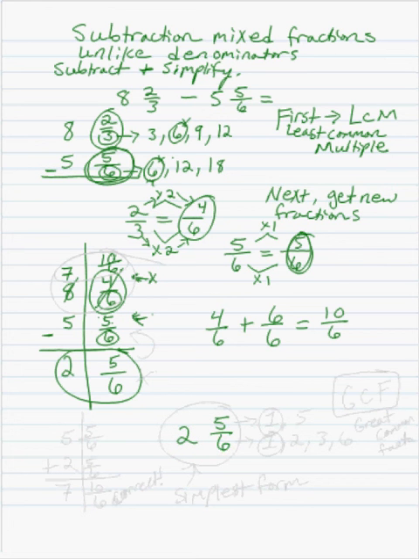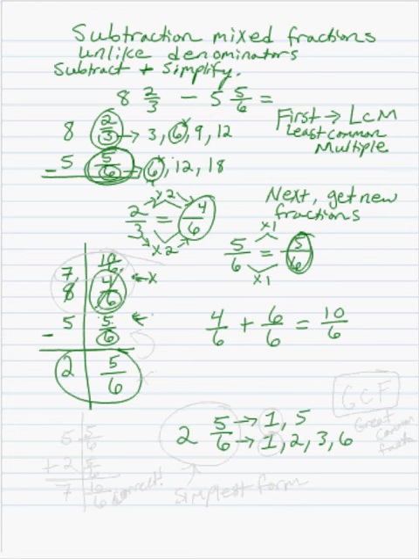And we just need to make sure that's in the simplest terms. So we can list out the factors of 5 and 6, and the factors for 5 are 1 and 5, and the factors for 6 are 1, 2, 3, and 6.